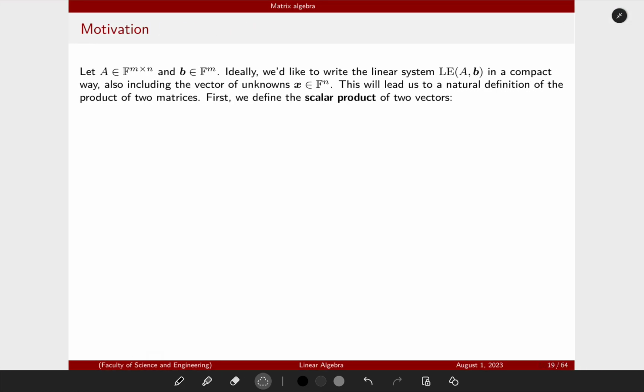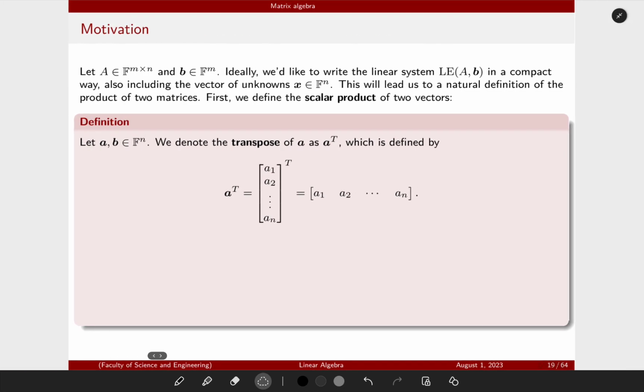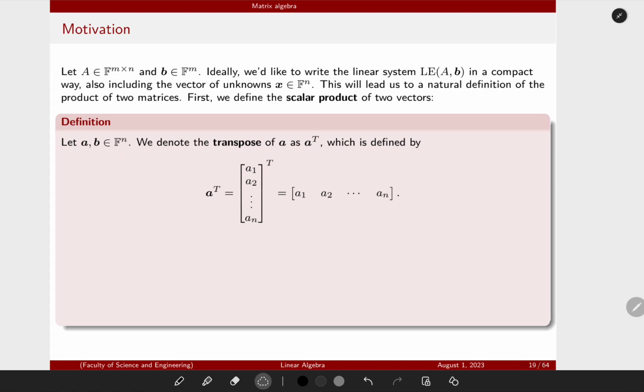You might have already seen this in some of the other lectures, but I will go over it again here. So we have a and b, which are n-vectors, and we denote the transpose of a as a to the power t, which I'll just call a transpose, which is basically rotating this column here by 90 degrees to get a row vector.